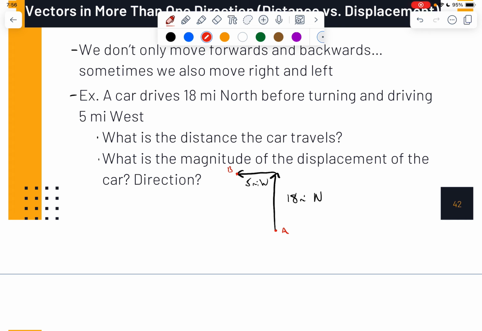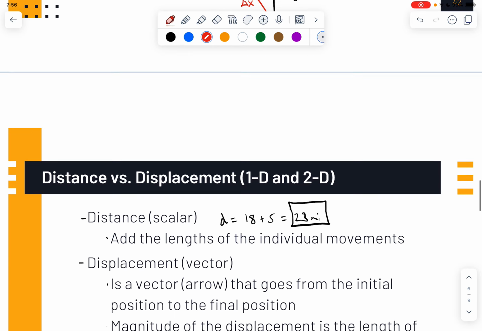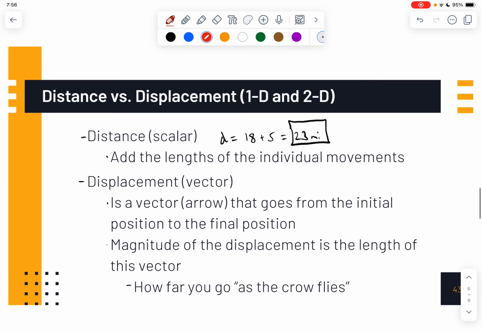So our displacement vector is basically this arrow, the straight line that's connecting our point A to point B. That's going to be our displacement. So the first thing we'll look at is what we call the magnitude of our displacement. This is basically just saying what's the length of the arrow.